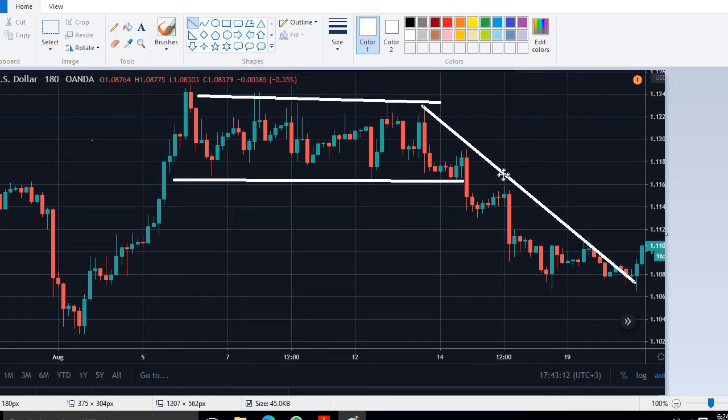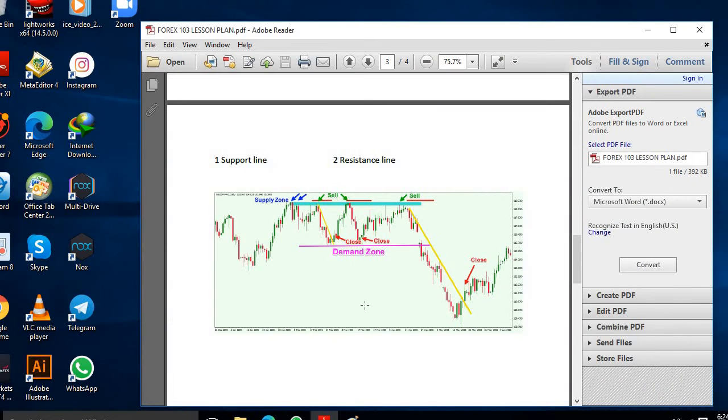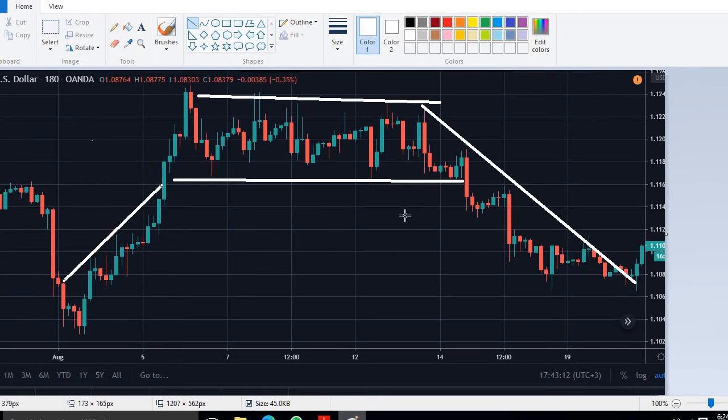Make sure it touches here and here, and then you're going to have the same thing here. Make sure it touches. So this is a downtrend, this is an uptrend. This can also serve as your supply zone.